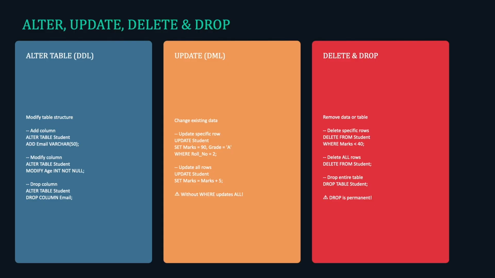Delete removes rows. Again, where is critical. Delete without where empties the entire table but keeps the structure. Drop table removes the table completely and permanently. Structure and data both gone. The key difference: delete removes data, drop removes the table itself.